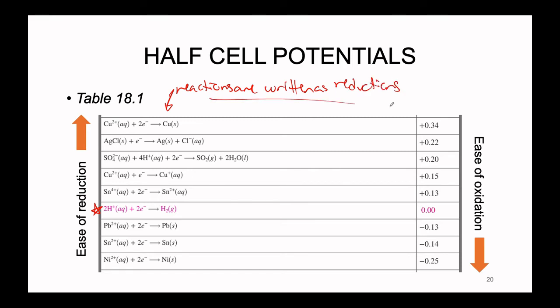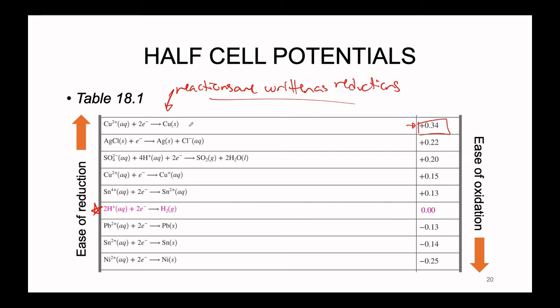That is convention. So if copper, which is the first material that we're looking at on this list, were to be set up in a galvanic cell with our standard hydrogen electrode, it would be reduced, and the cell potential associated with that interaction would be the value that we just saw in the diagram, which is 0.34 if we round off to the hundredths place.